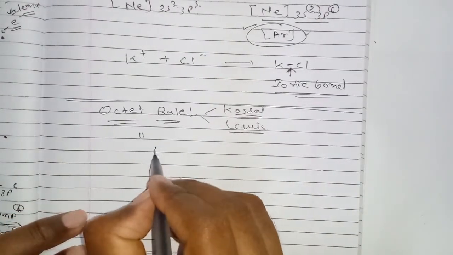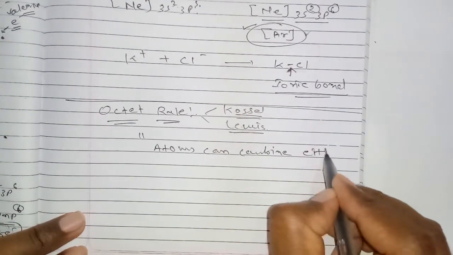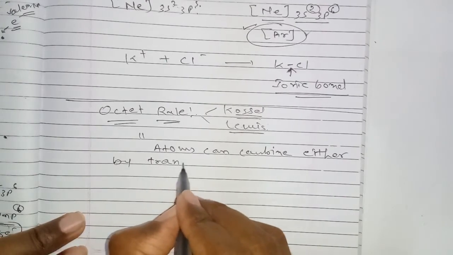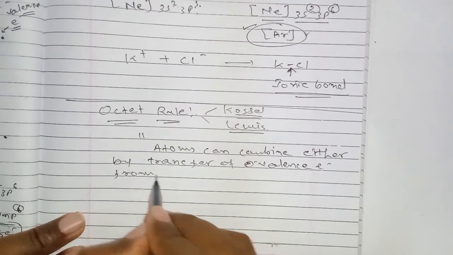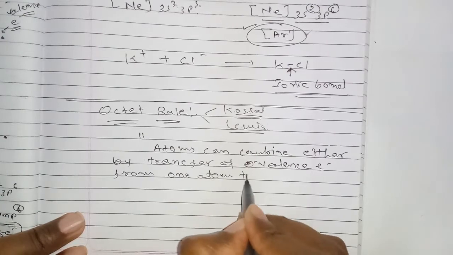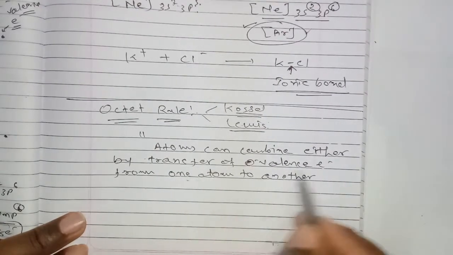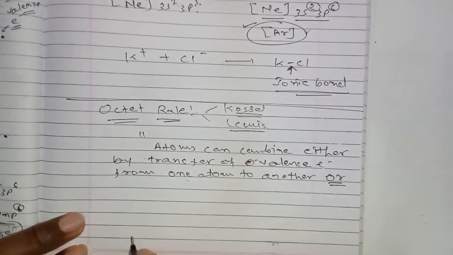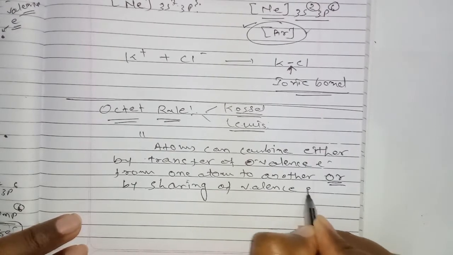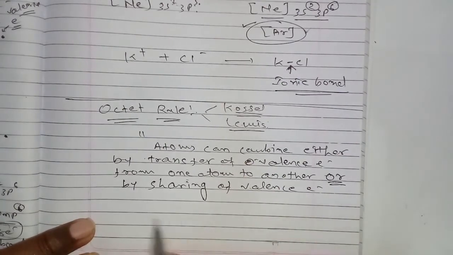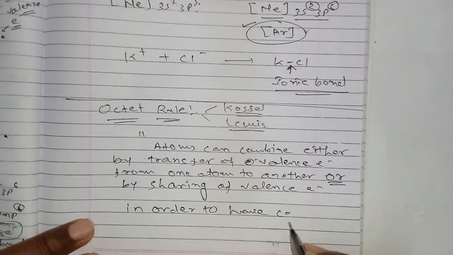According to this, atoms can combine either by transfer of valence electrons from one atom to another, by which transfer of electrons forms an ionic bond, or by sharing of valence electrons, in order to have an octet.